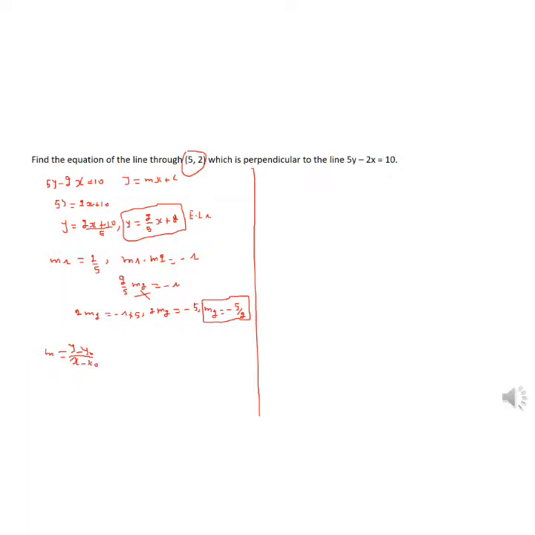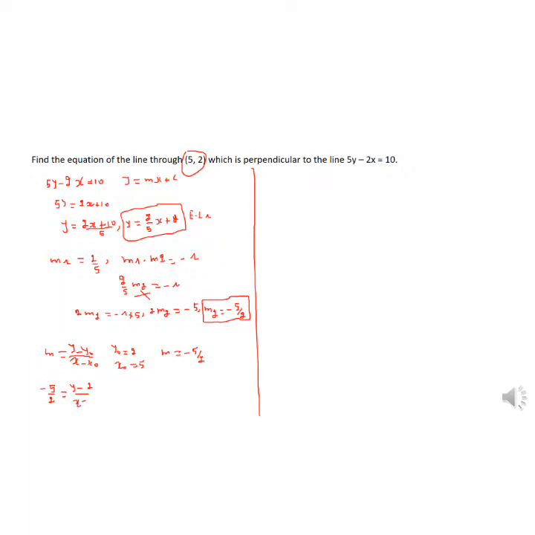So now here we have y0 is equal to 2, x0 is equal to 5, where m is equal to negative 5/2. Based on this data, you can find the equation of the line. It means that m, negative 5/2, is equal to (y minus 2) over (x minus 5).